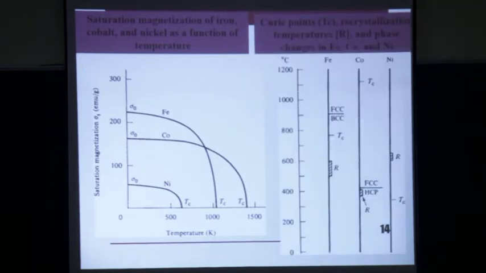In addition to these Curie temperature, as I told you, the material can behave differently depending upon the mechanical properties and also whether there is a phase change or not.